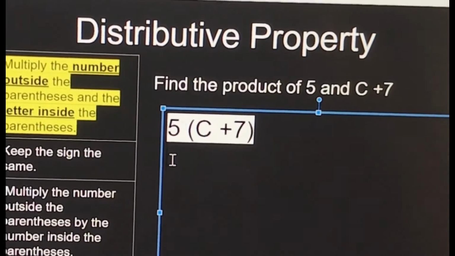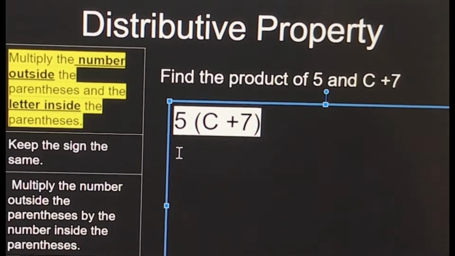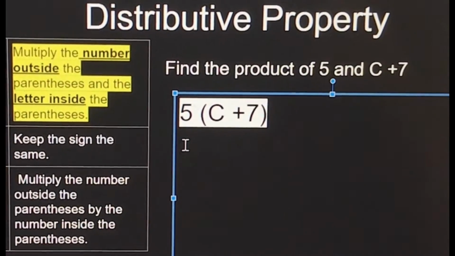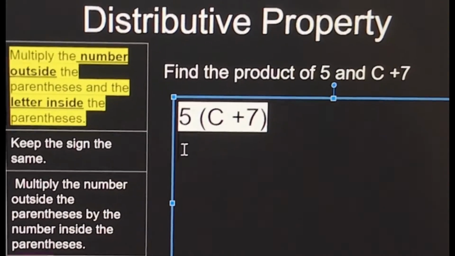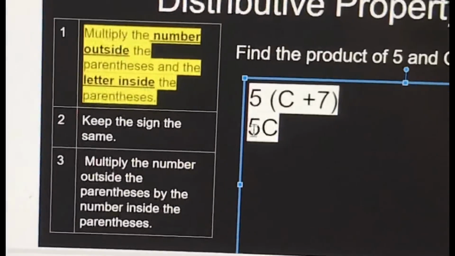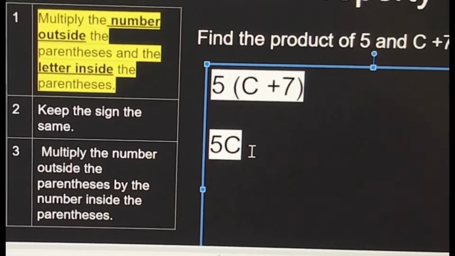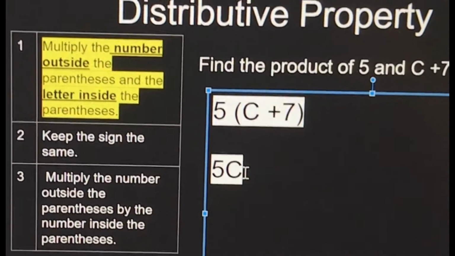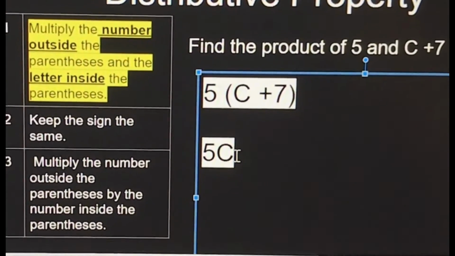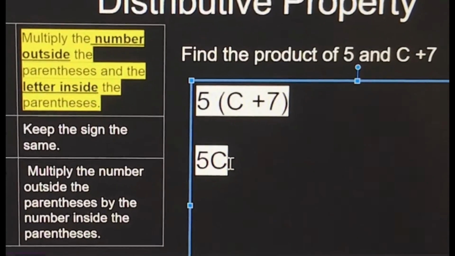Now we do not know what the numerical value of c is. So multiplying 5 times c, all that really means is we're going to write the number 5 and we're going to put the letter c next to it. So 5 times c equals 5c. Whatever the letter is inside the parentheses, you're just going to write it next to the number outside the parentheses, and you got the first step.